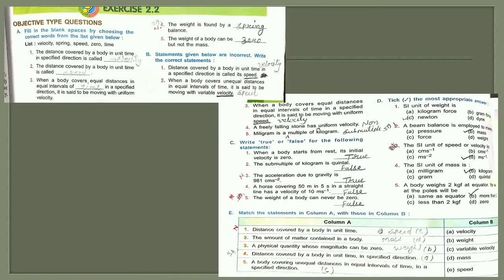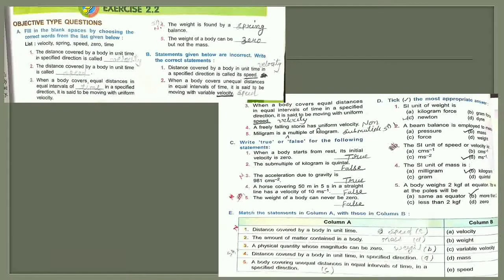Next question, the sub multiples of kilogram is quintal. No, quintal is the multiple of kilogram. So second answer will be false. Third one, the acceleration due to gravity is 981 centimeter per second square. Actually, the value of the acceleration due to gravity is the constant value, which is 9.8 meter per second square.